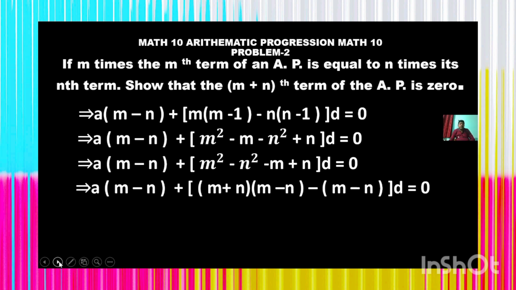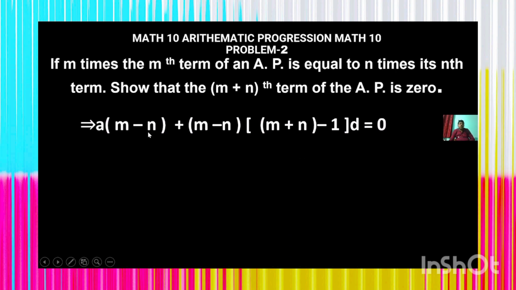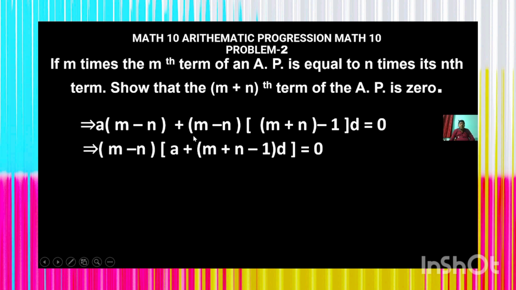So a into (m minus n) plus (m minus n) into (m plus n minus 1) into d is equal to 0. Then again we take m minus n as common. So (m minus n) into (a plus (m plus n minus 1) into d) is equal to 0.